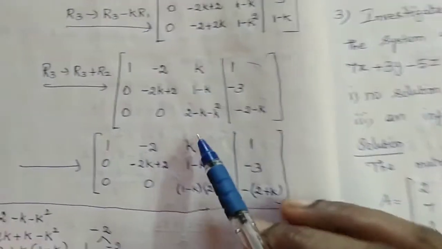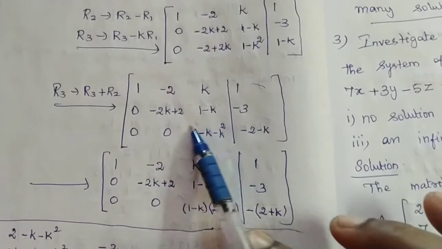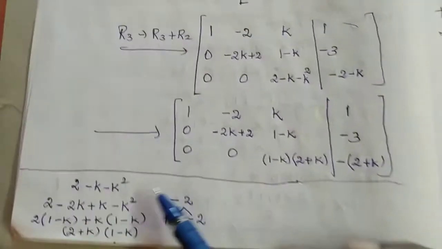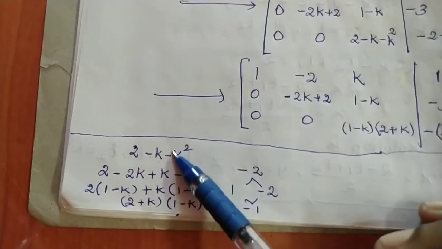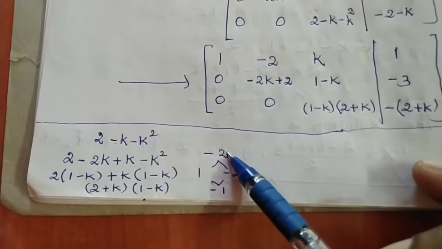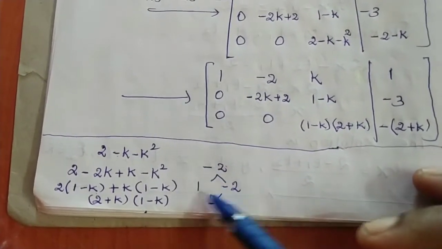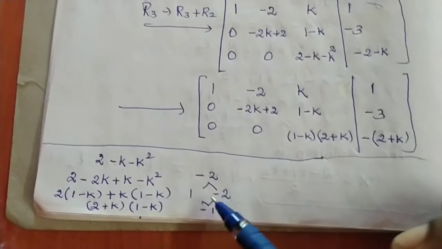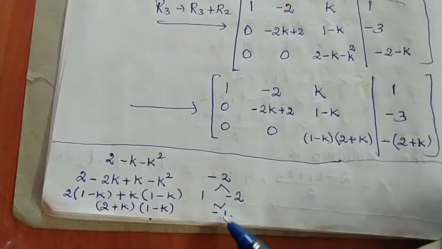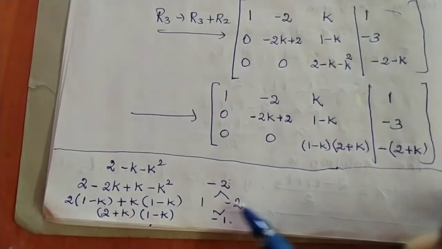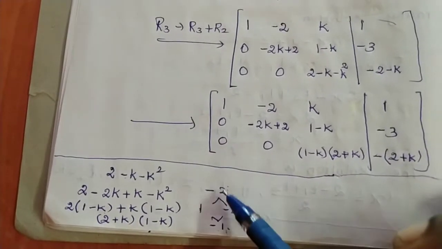Now 2 minus k squared minus k is a quadratic expression, so we can factorize it. Find two numbers whose product is minus 2 and whose sum is minus 1. Those numbers are 1 and minus 2.